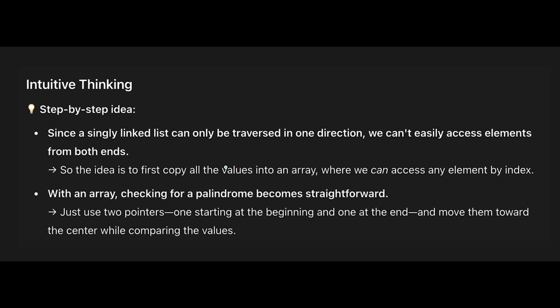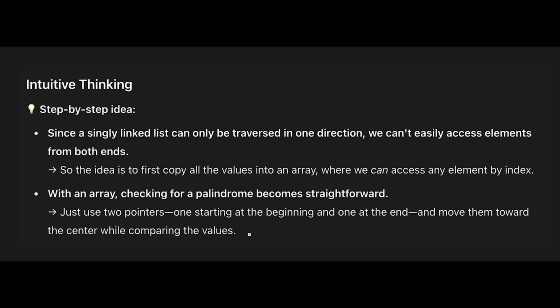To do that, first of all, copy all values into an array where we can access any element by index. So since we copy all values into an array, this solution becomes very straightforward, right? Just use two pointers, one starting at the beginning and one at the end, and move them towards the center while comparing the values. So this is the actual algorithm.